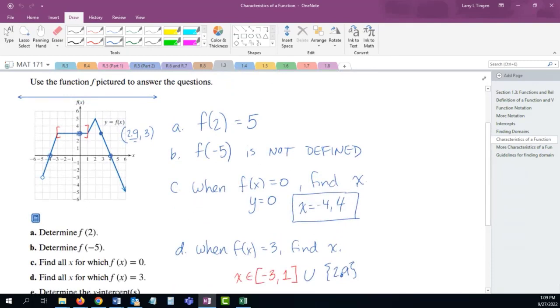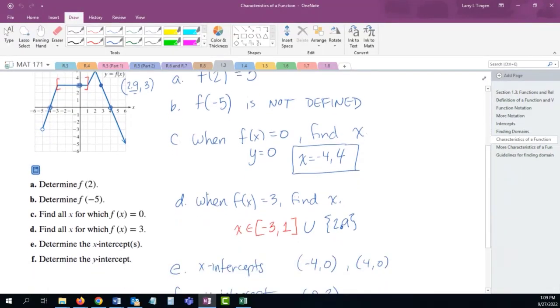We ended up with a set where I had an interval and a set of listed data. I just want to make sure that was comfortable.